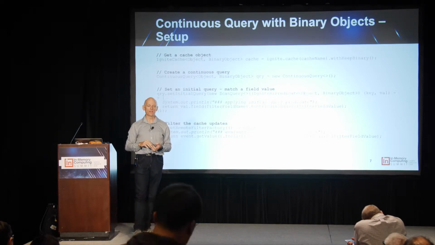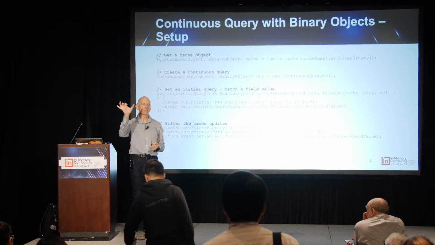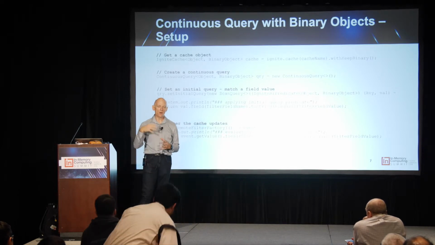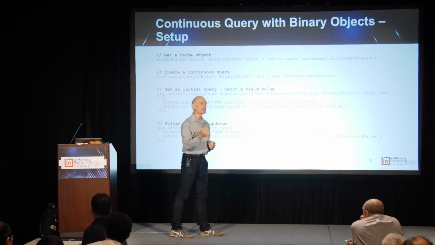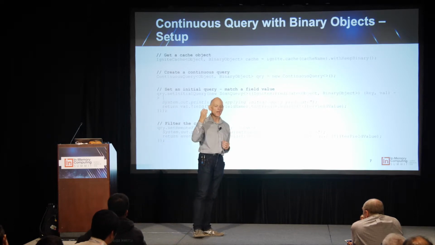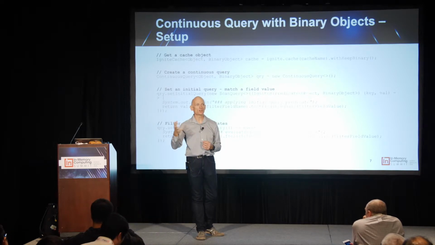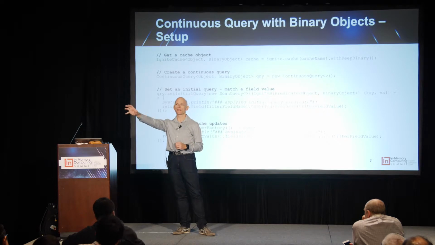And then creating a continuous query, you have the same type parameters as your cache, because that's what you're working with. Now, optionally, you can create this initial query. And what the initial query does is it lets you set up a filter to get the initial state of the system. So you can imagine your application's working with data on the grid.